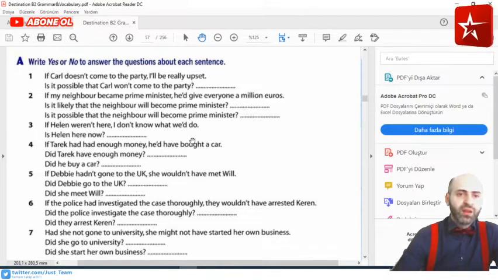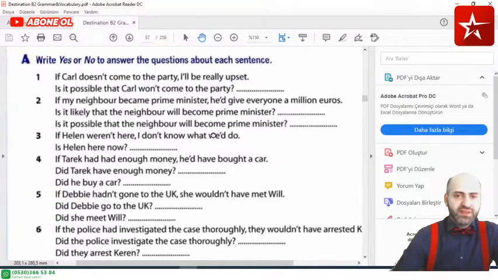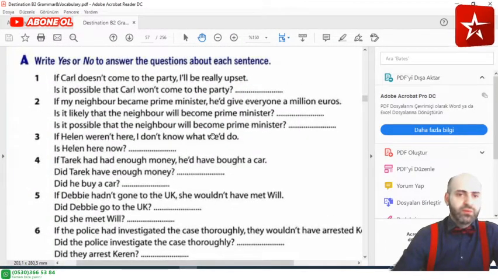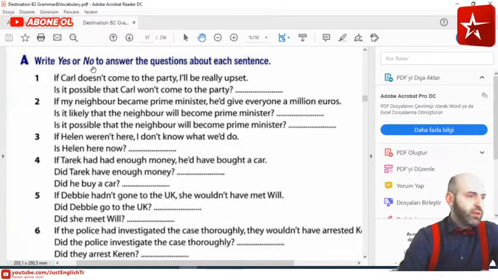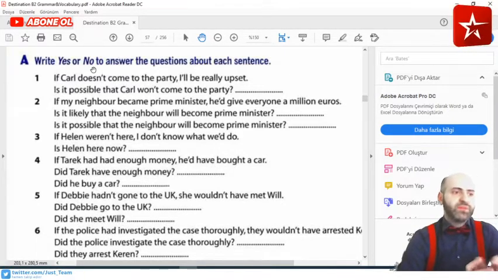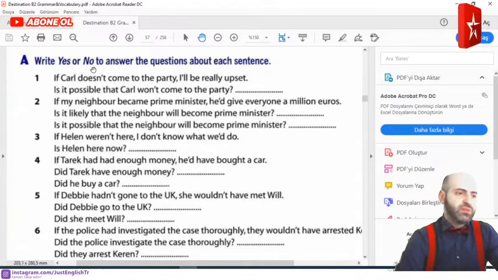Okay. So we have some sentences, and you need to write the answer, yes or no. First sentence: if Carl doesn't come to the party, I will be really upset. So the question is, is it possible that Carl won't come to the party? Is it possible, yes, or no?